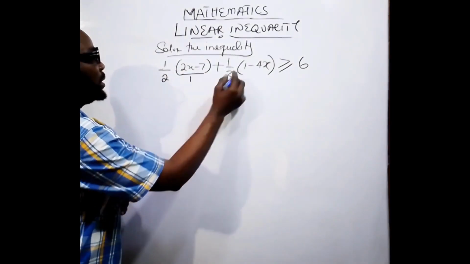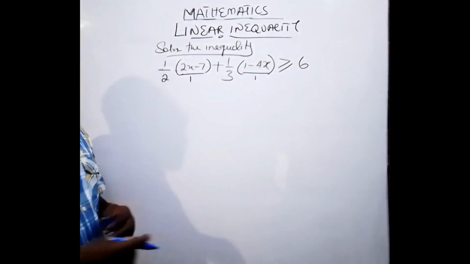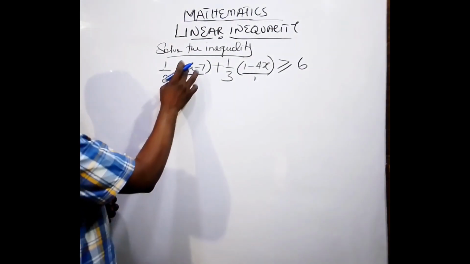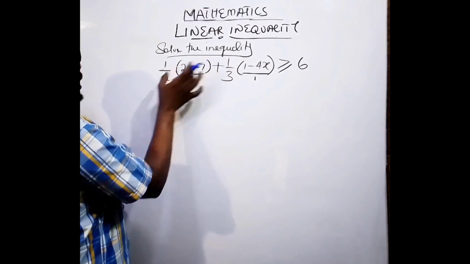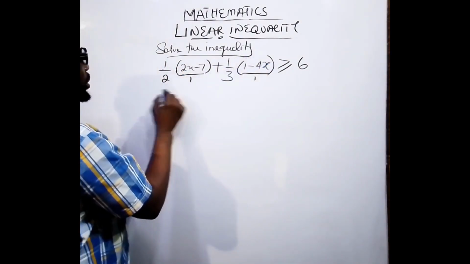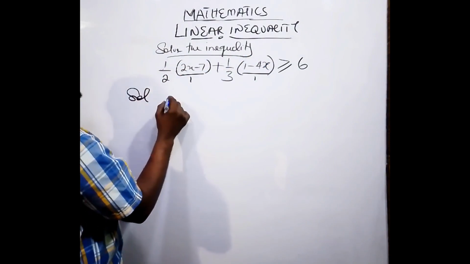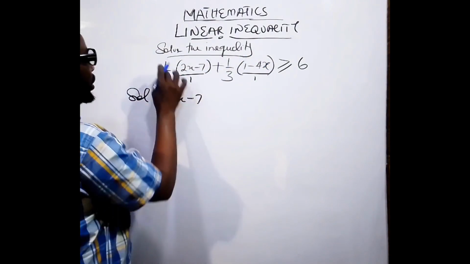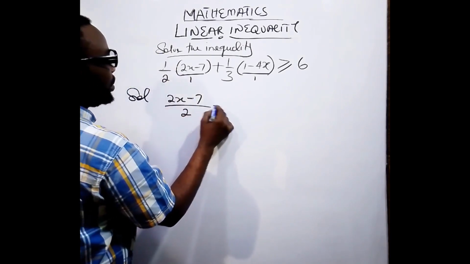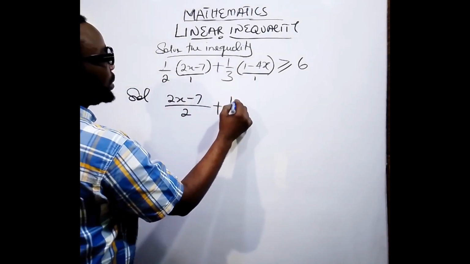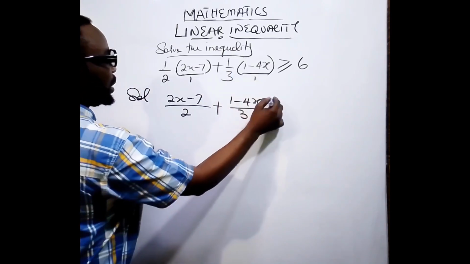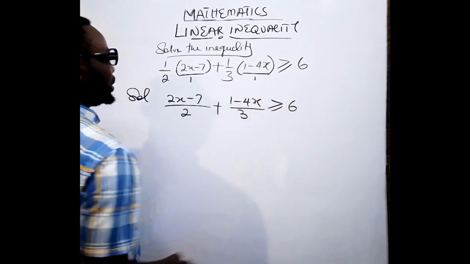It's over 1. This one will also be over 1, because any whole number is over 1. So you have to multiply this numerator by this numerator, denominator by denominator, the same thing here. So we are going to have 2x minus 7, because multiplied by 1, that value remains. 2 times 1 is 2, plus 1 minus 4x over 3 times 1 is 3, greater than or equal to 6.